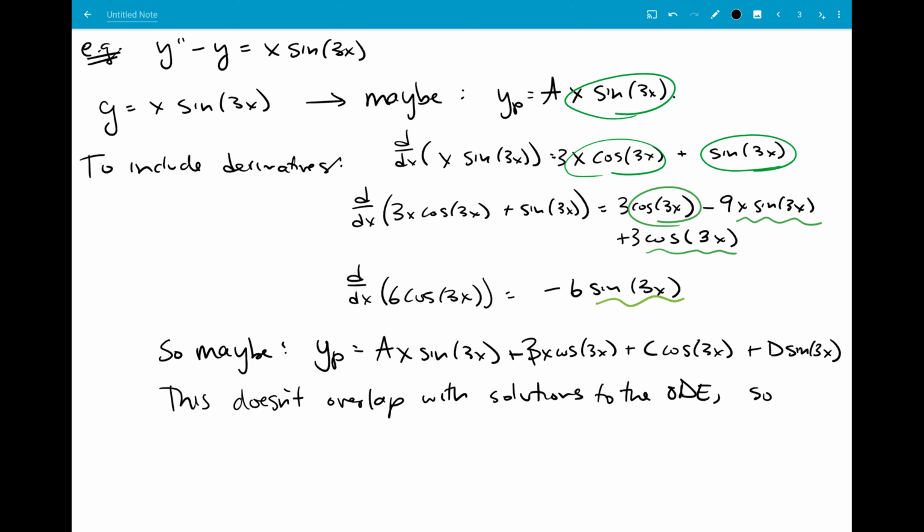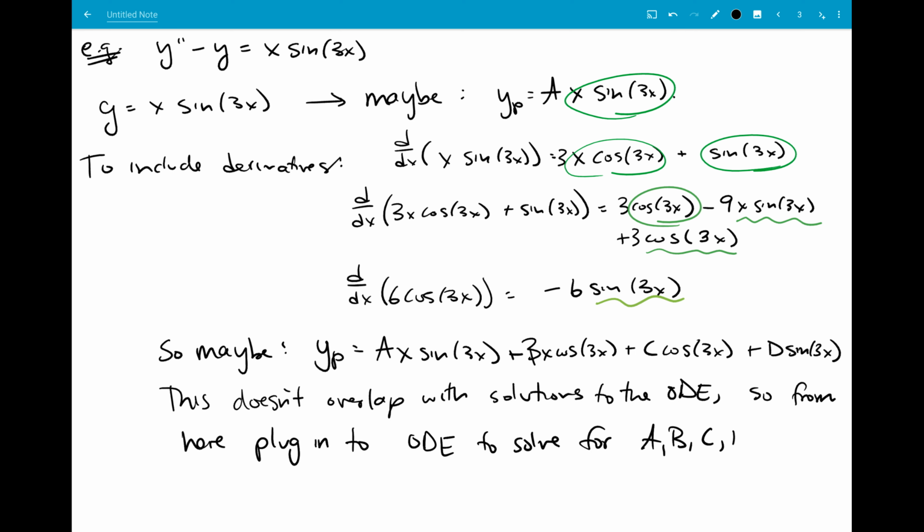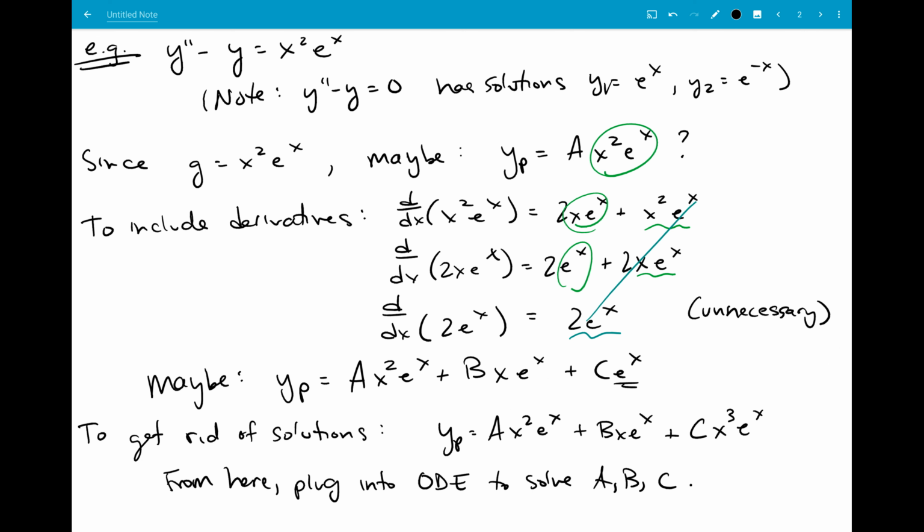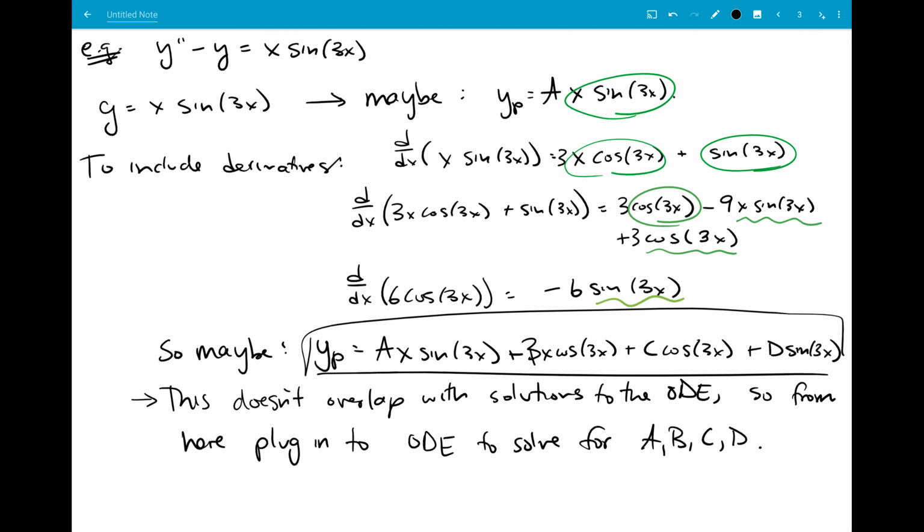So at this point, we could go ahead and say that this is what we would plug in to solve for A, B, C, and D. I'll go ahead and draw a box around that and a box around our answer there. Since we like propose things along the way, but we really want to emphasize which one was correct.